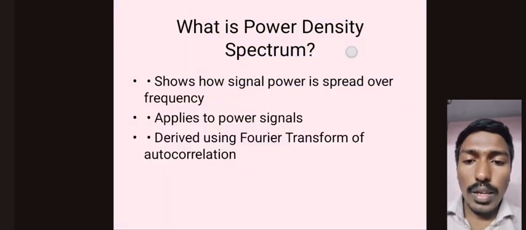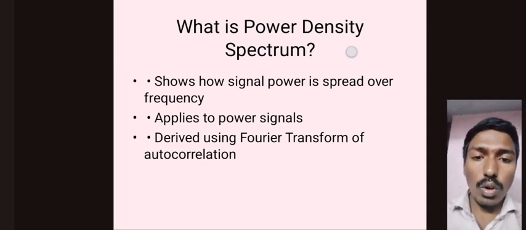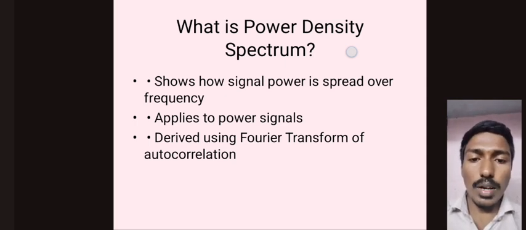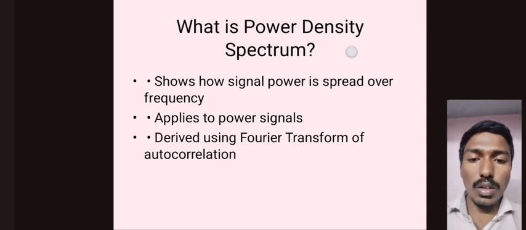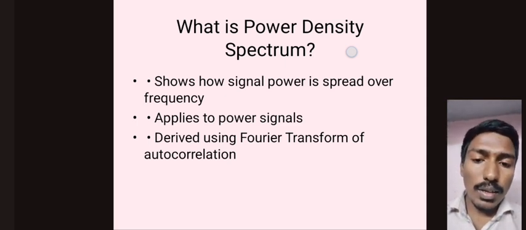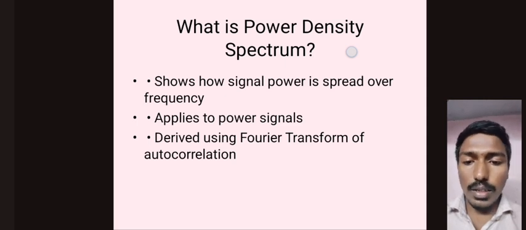So here it shows the signal power spread over the frequencies. How the power is spread around the frequencies, the magnitude indicates how much of each component it has. The PDS is applied only to power signals.